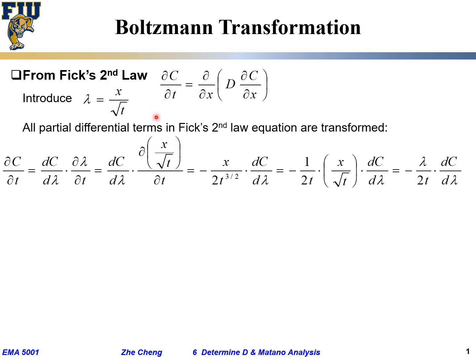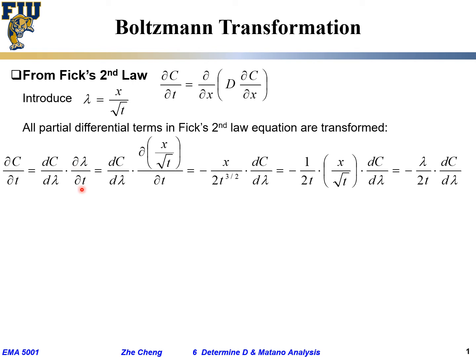How did we do? The first thing, I listed them here. What are we transforming? The first one. We are transforming the partial differential of concentration with respect to time. So what did we do? We changed it from concentration with respect to time to concentration with respect to lambda, and lambda with respect to time.